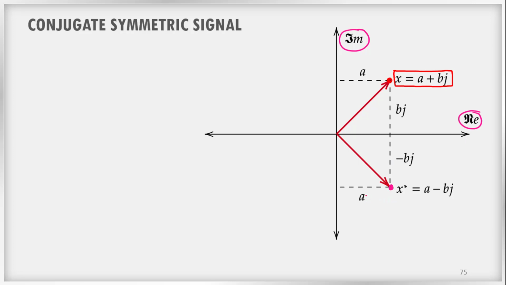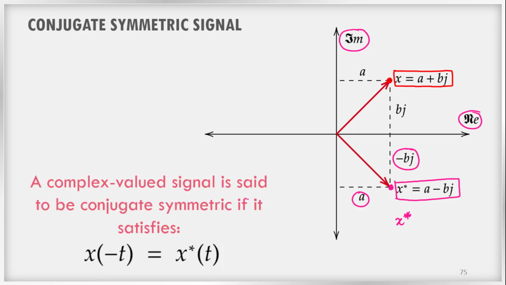The real part remains the same, it is positive, and the imaginary part is negative. So a complex conjugate is a number whose real part is the same as the actual complex number and whose imaginary part is negative compared to the actual number. We call it x asterisk and denote it like this.